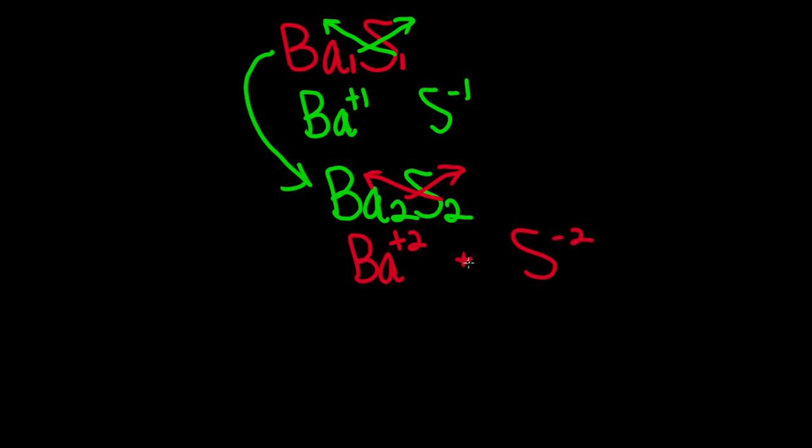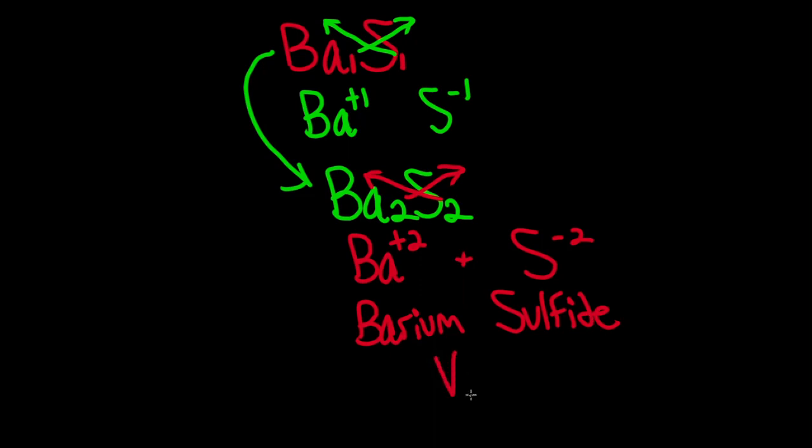You can disregard that little plus sign. That's just if we were to combine these. And I'm able to name this barium sulfide because now I have the right charge. Just like the last example, because my sulfide is not in the NCHP group, I can just give it variable hazards. So I'm going to have to look it up.